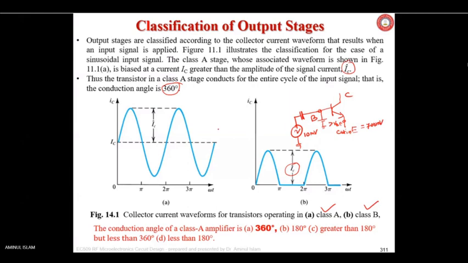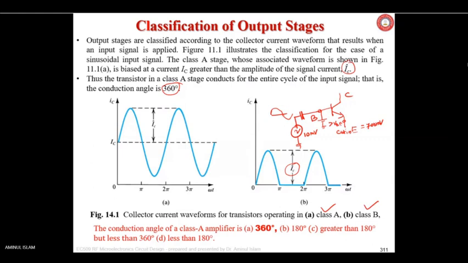So if 10 millivolt is applied, then when it is the positive cycle, 700 plus 10 millivolt is okay, it will be amplified.